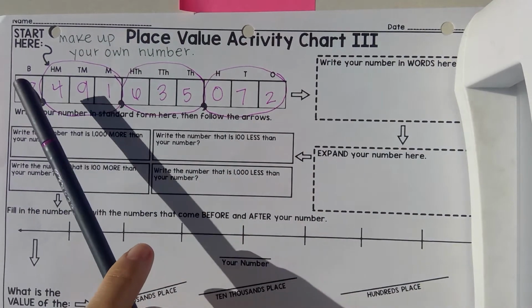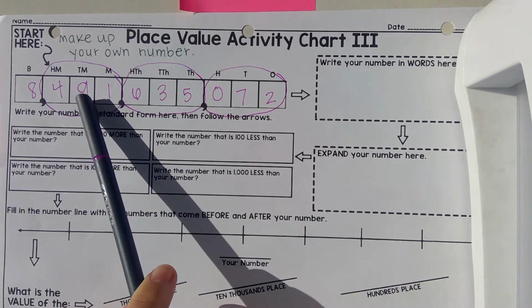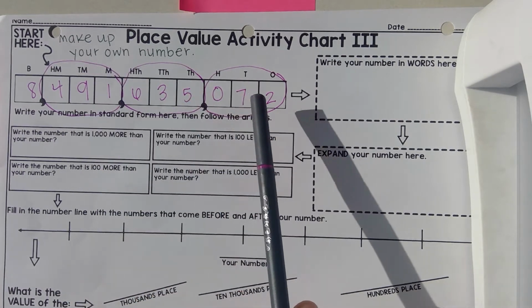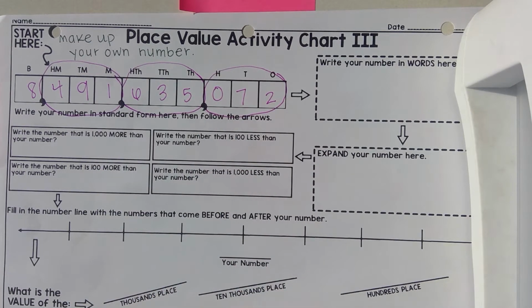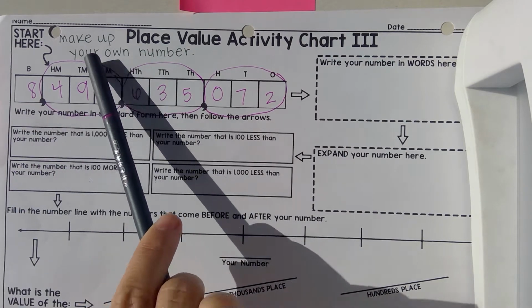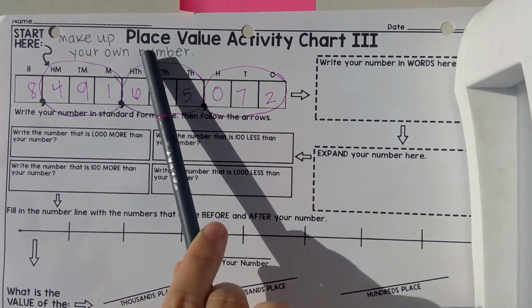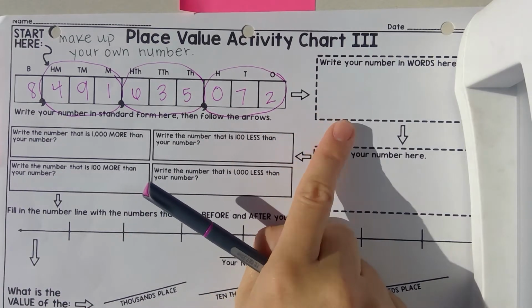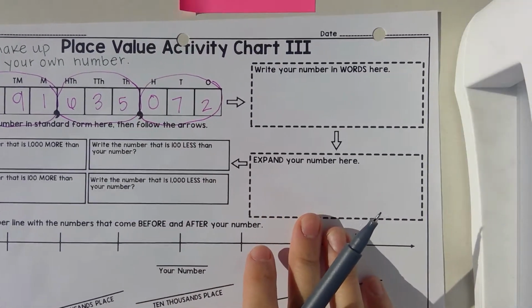So this one by itself is 8,491,000, these are my millions, 635,072. So I'll say it one more time. 8,491,635,072. So I'll say that, or write that exactly how I said it.